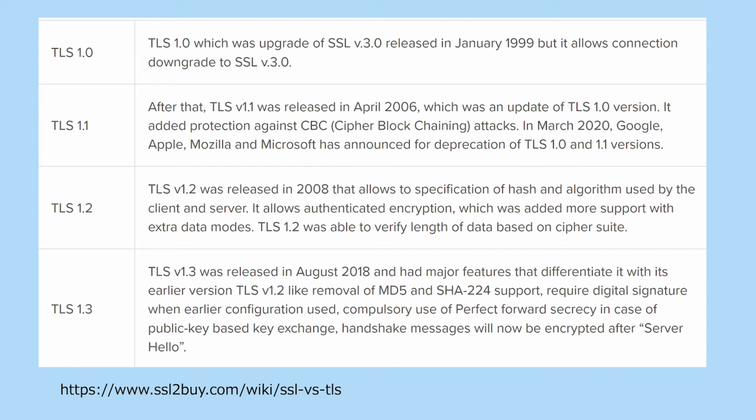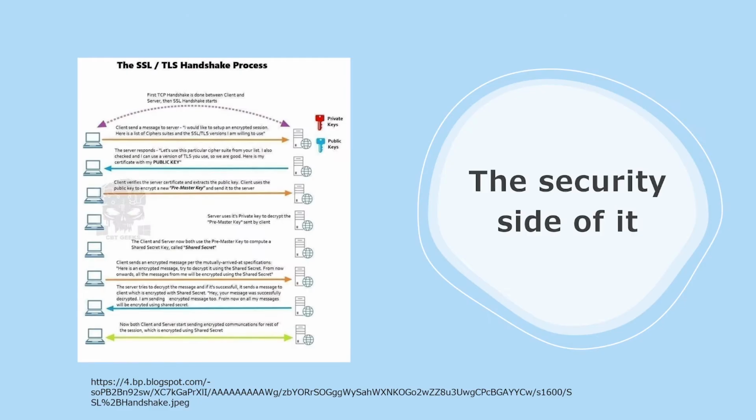And then we have TLS version 1.3, which was released in August of 2018. It removed support for things like MD5 and SHA-224, which have been deprecated. It requires a digital signature when client authentication is used, and uses perfect forward secrecy key exchange. Handshake messages are now encrypted after the server hello, so there's less clear text transmission.